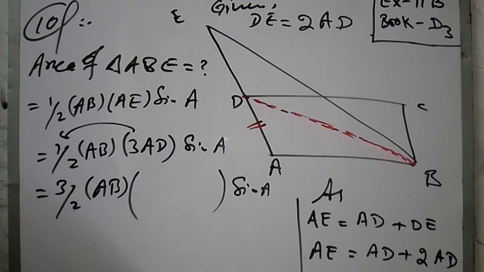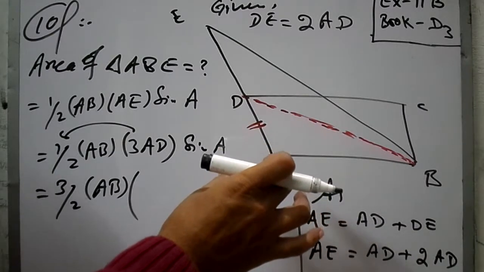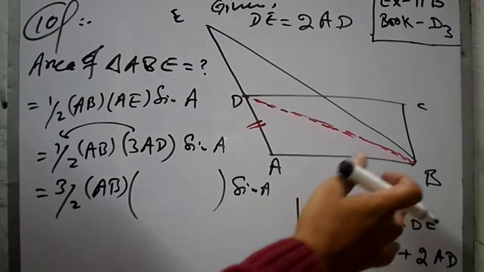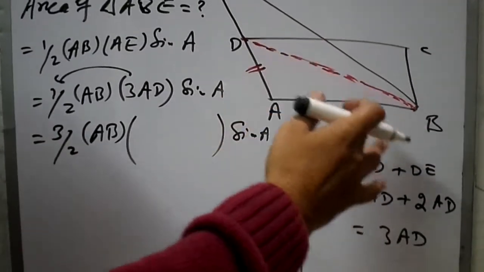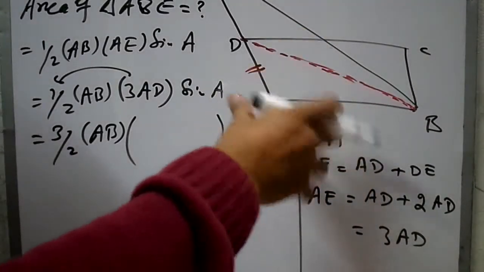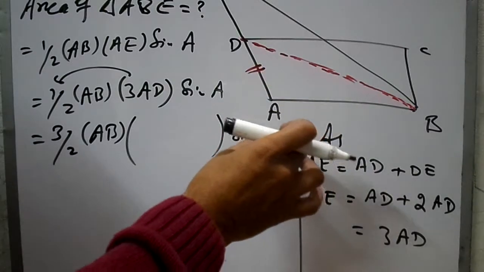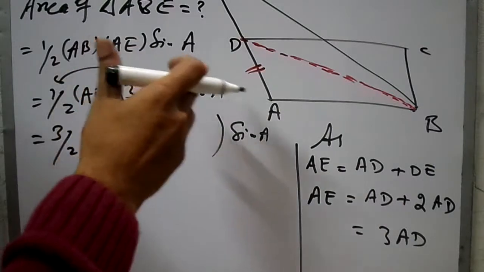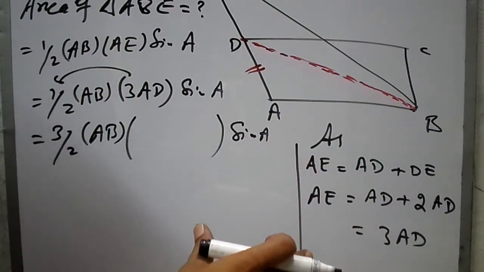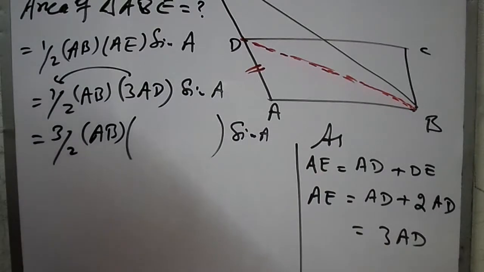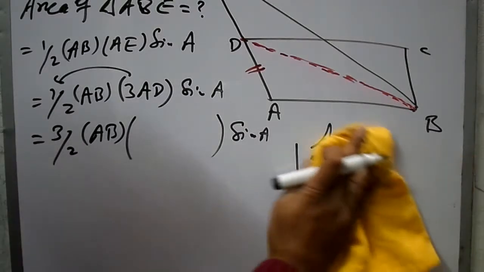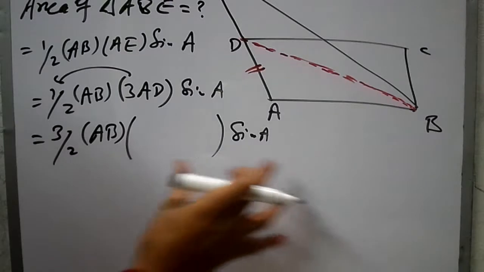To find the value of AD, we have to find the area of BCD and area of ABD. Then we are able to say what the value of AD is. Because it is a complex question, we cannot find it easily, so here I can solve it for you to understand better.